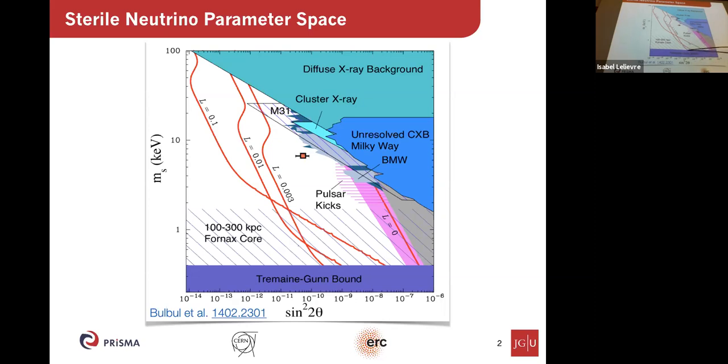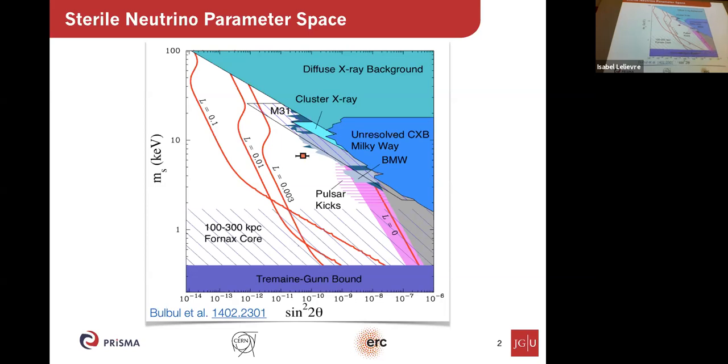This region down here, which is labeled the Tremaine-Gunn bound, that's actually an interesting constraint. That's a constraint that comes from Pauli blocking. So sterile neutrinos are fermions, and they are relatively light here. We're talking about keVs, after all. So in order to account for the observed dark matter energy density, their number density needs to be relatively large. And especially in regions that are known to have a very large dark matter density, like the centers of galaxies or so, this could lead to problems with Pauli blocking.